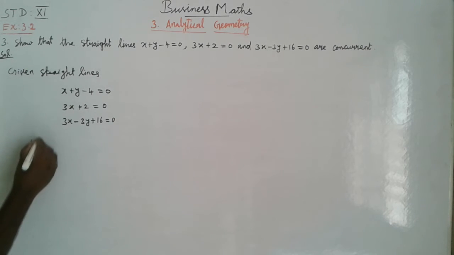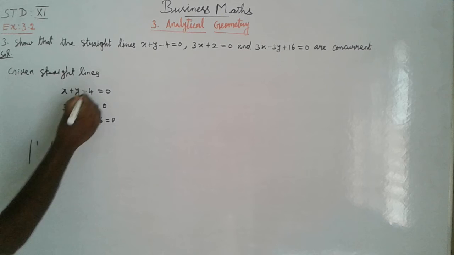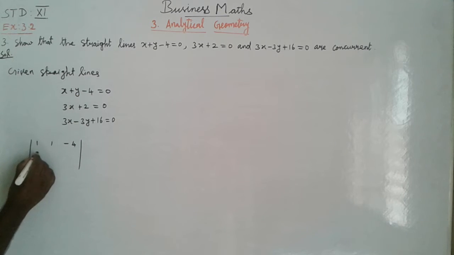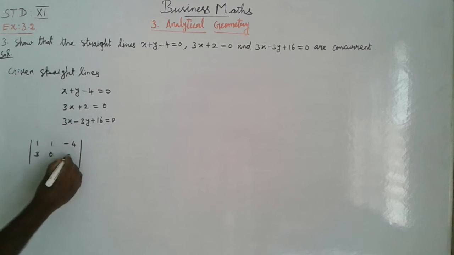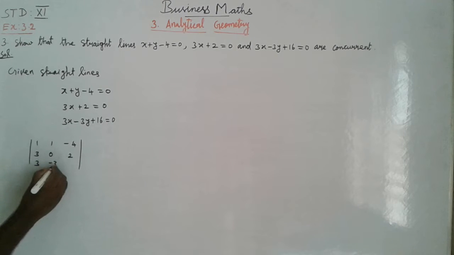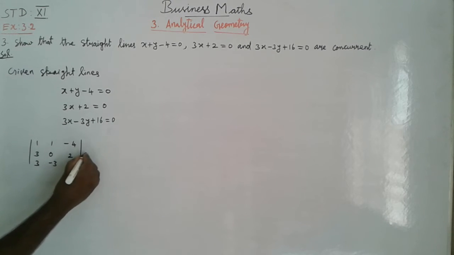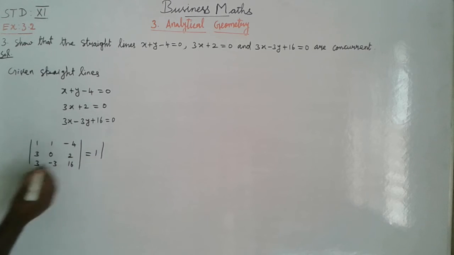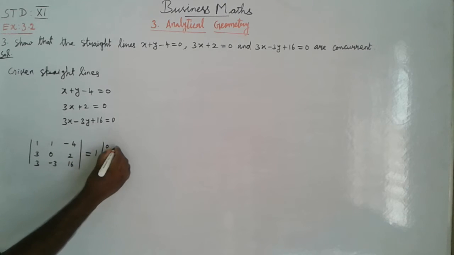Determinant of 1, 1, minus 4; 3, coefficient of y is not given so 0, constant term 2; 3, minus 3, 16. We should find this value. First is 1, eliminate its row and column: 0, 2, minus 3, 16.